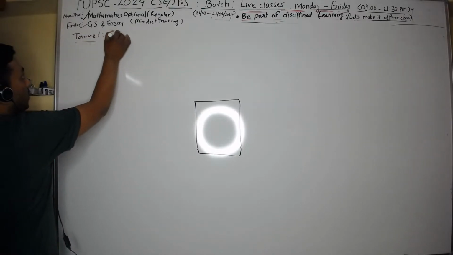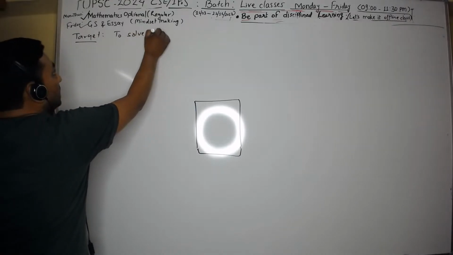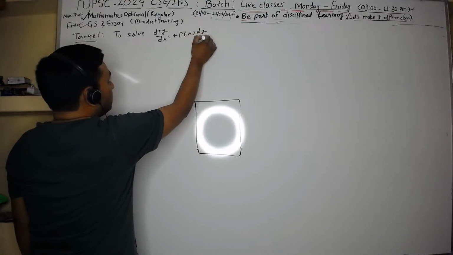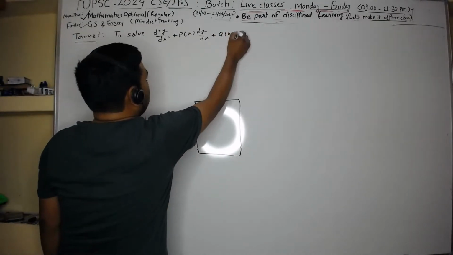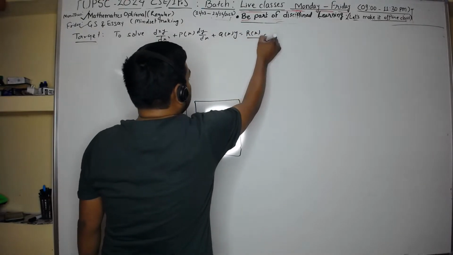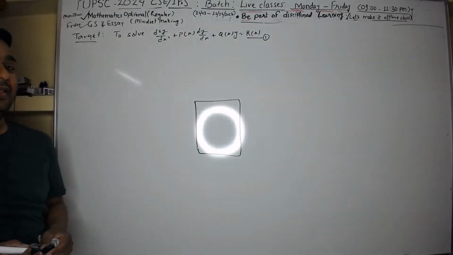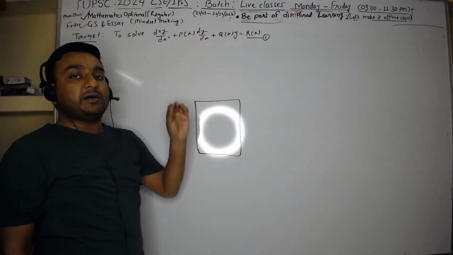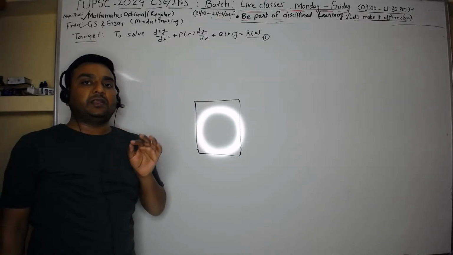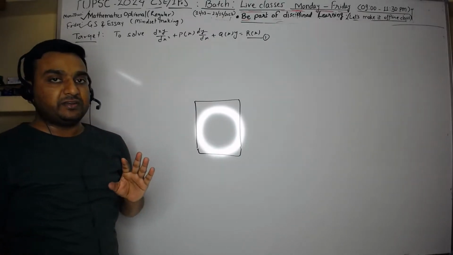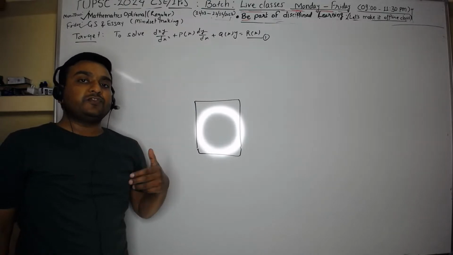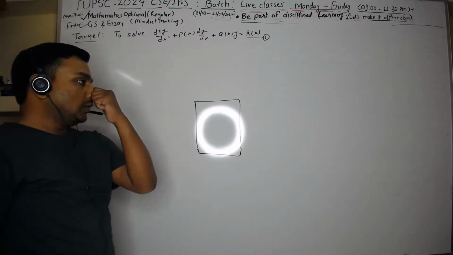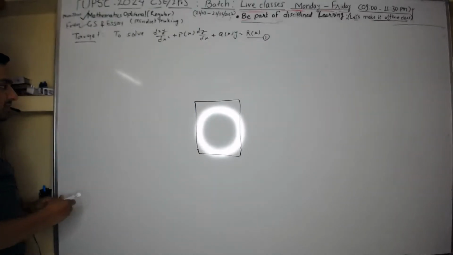Target was to solve d2y over dx square plus p(x) dy over dx plus q(x) y equals r(x) kind of differential equations, right? For solving such differential equations, we have studied two methods already. Number one is method of variation of parameters, and second is solution using the known integral or method by inspection. Today I'm gonna discuss the third method here.